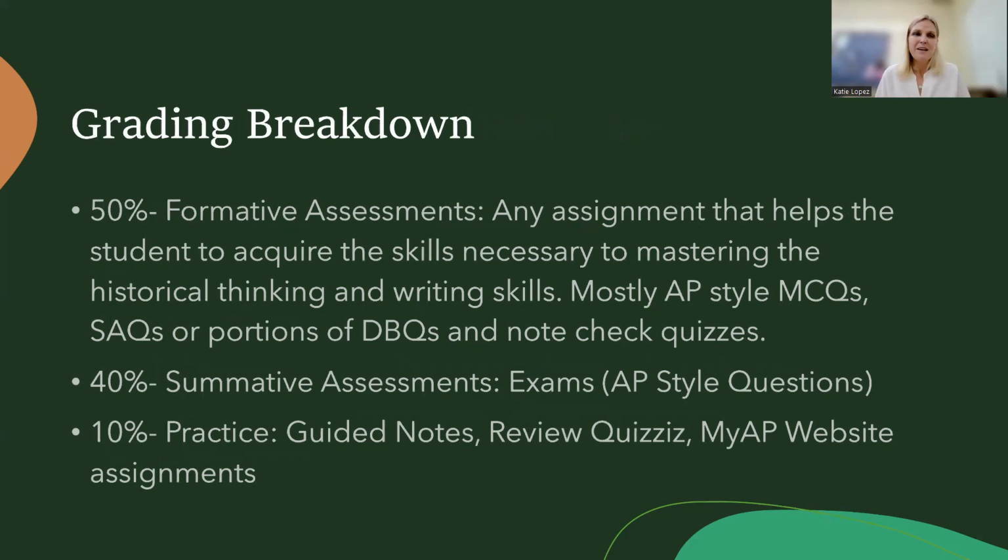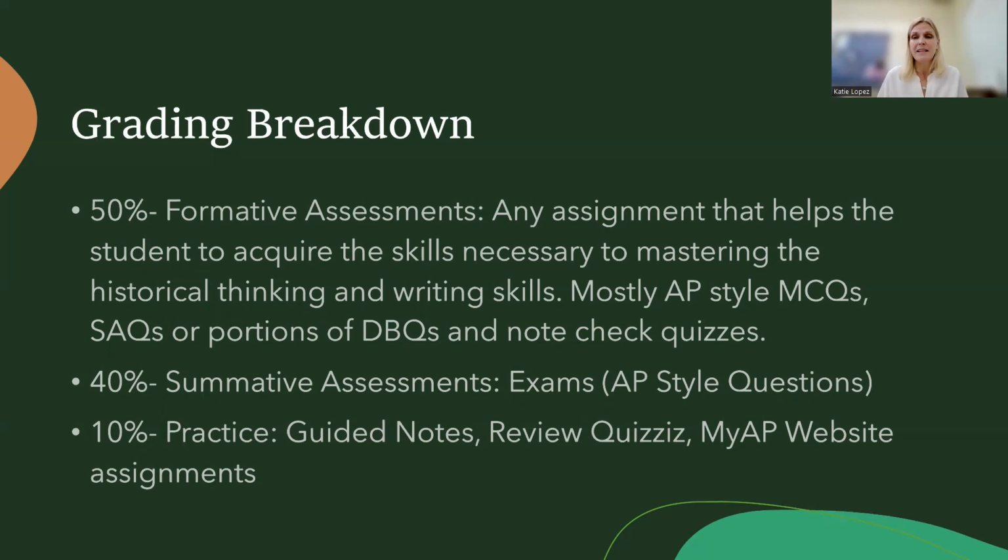So the grading breakdown is as follows. 50% are formative assessments. These are exit tickets and practice in-class assignments to help the students practice the skills that they need for the AP, historical thinking skills and writing skills.